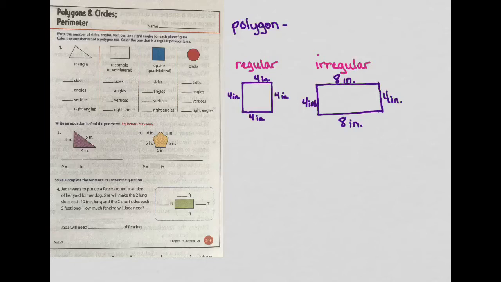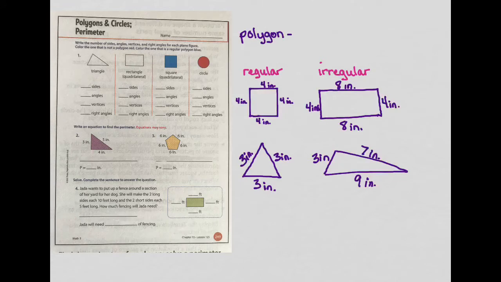So let's take a look at a triangle this time. I'm going to try to make a perfect triangle here. All right, so what I did while the recording was off was I drew a regular triangle and an irregular triangle.